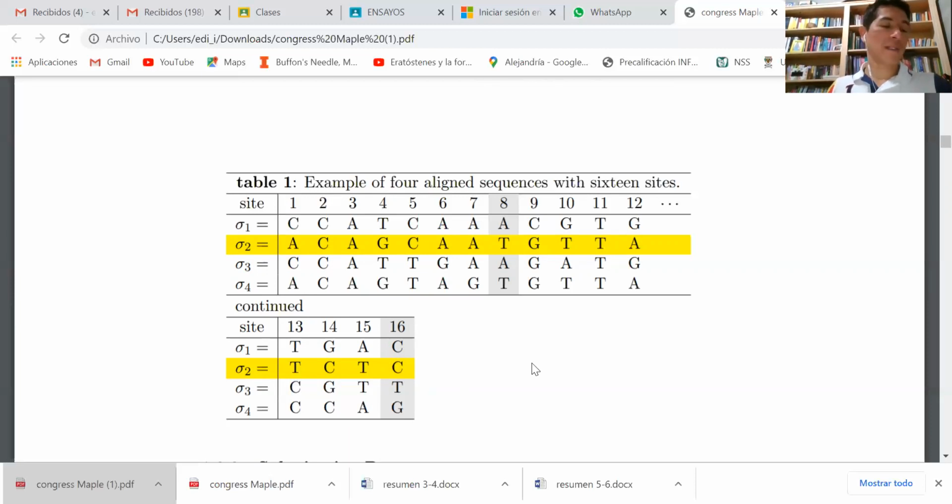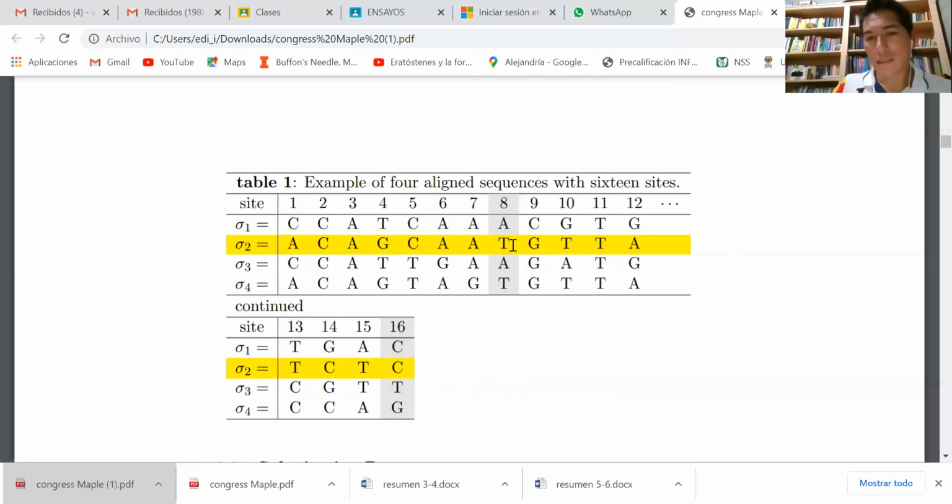But matrix P, that is part of this theorem of Hadamard conjugation, stores not character patterns, but substitution patterns. So what is a substitution pattern?